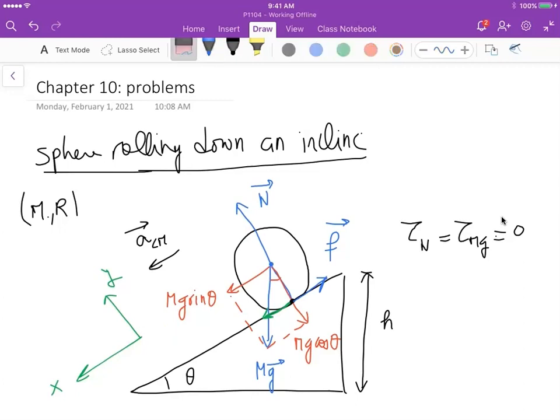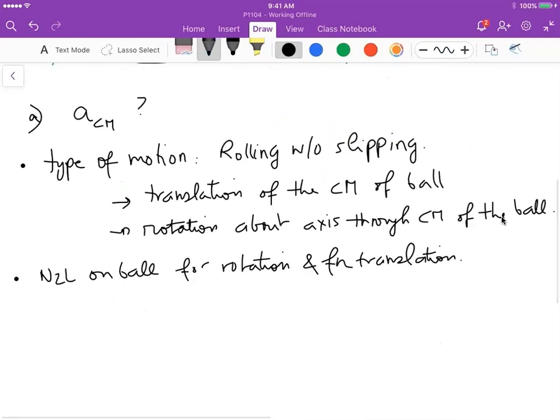Now we have all the forces حطيناهم كلهم على الرسمة، ما باقي علينا غير انه نطبق Newton's second law for translation and for rotation. And so let's do it. طيب Newton's second law for the translation motion, we know that the sum of F is equal to ma. I'll just take the sum of F on the x-axis، يعني خلينا بس نعمل projection along the x-axis.